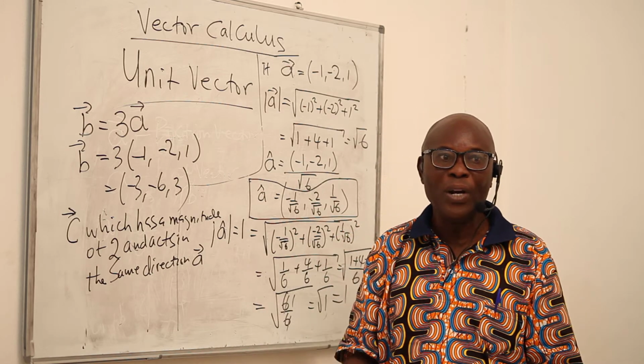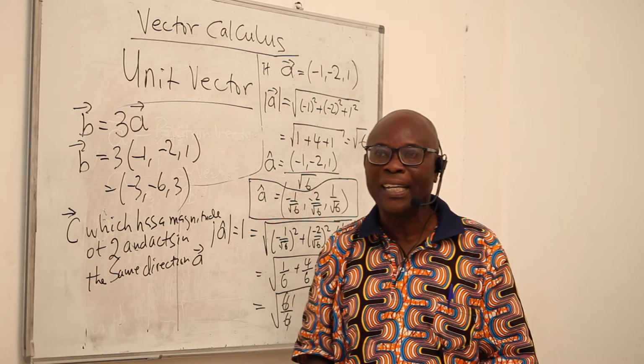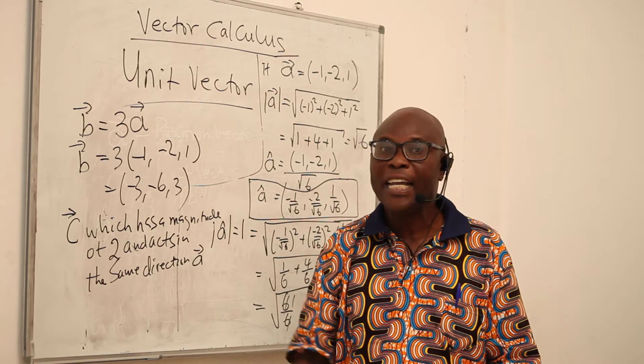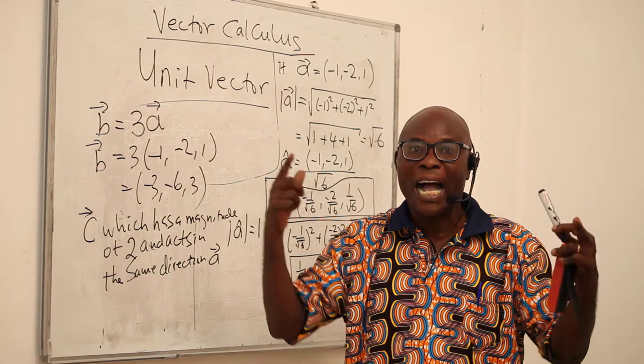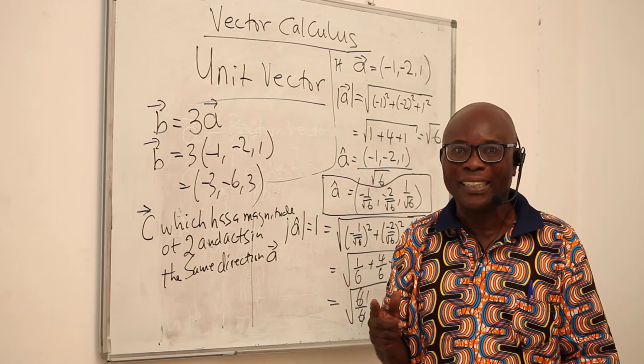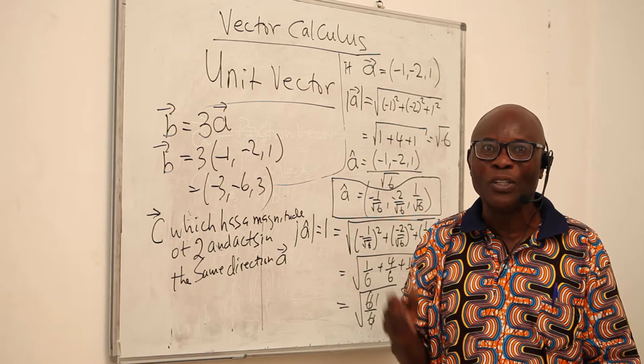And so we learned from unit vectors, from the definition of unit vectors, that if 2 vectors act in the same direction, then they share a common unit vector.